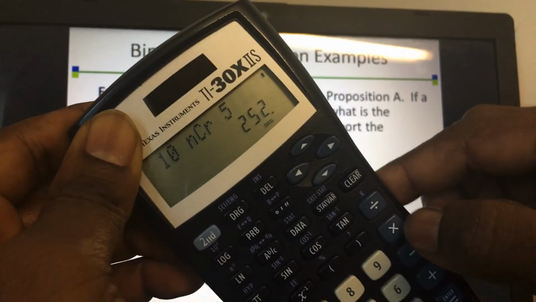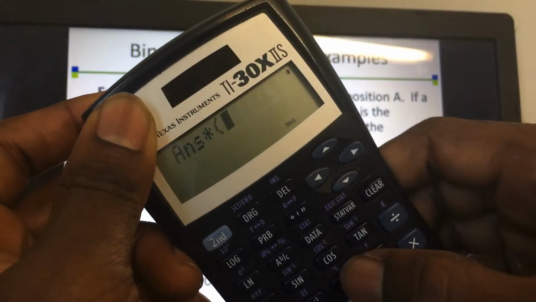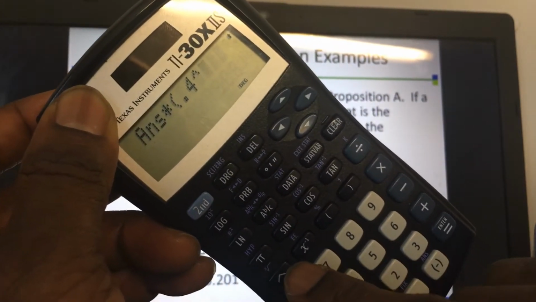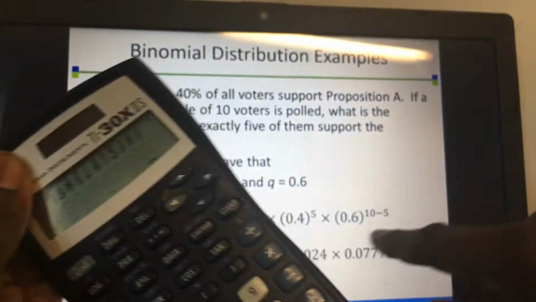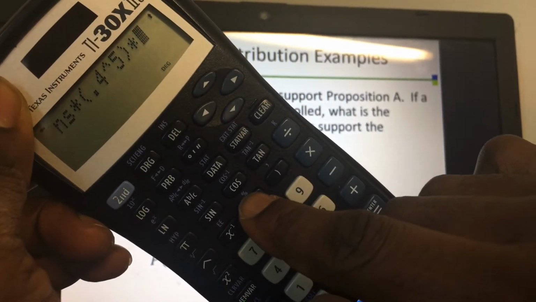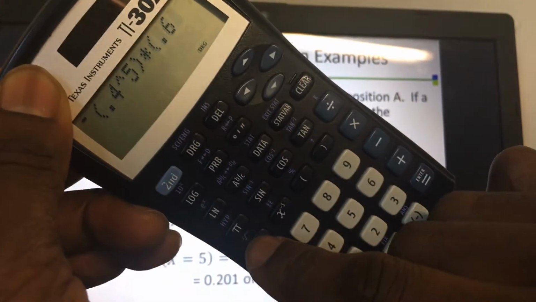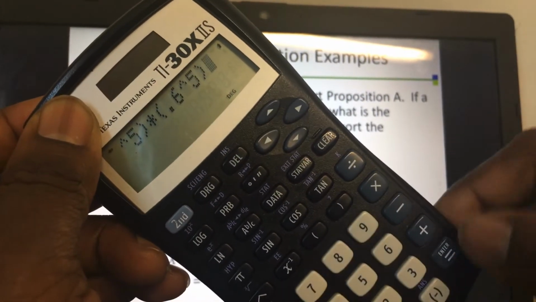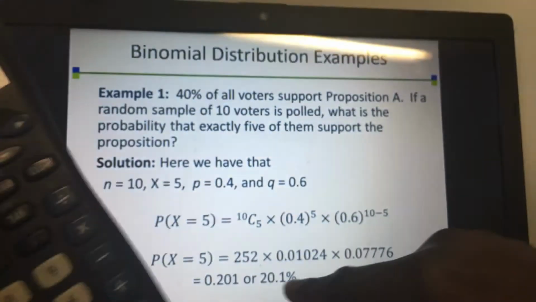Then times 0.4 to the power 5 in parentheses, times 0.6 to the power 10 minus 5, which is 5, close it, and that gives you the answer right away, 0.20065, which rounds up to 0.201.